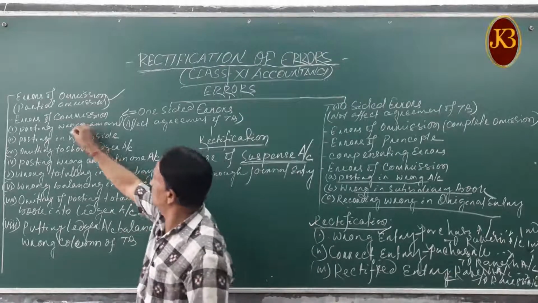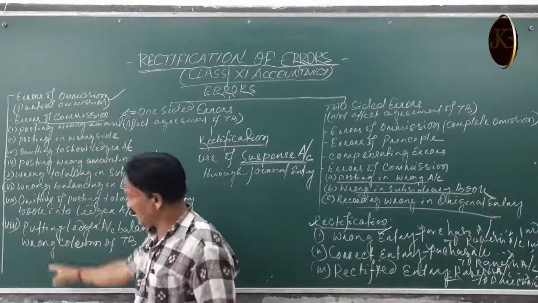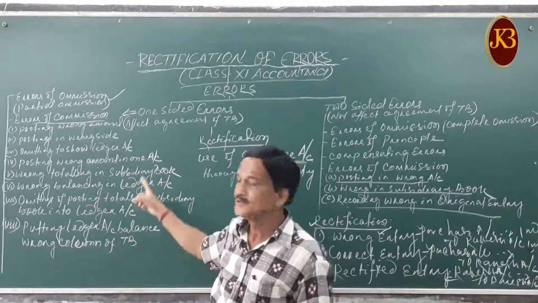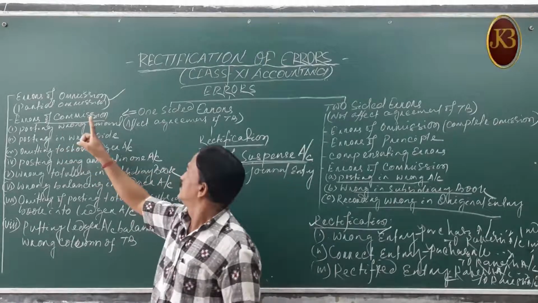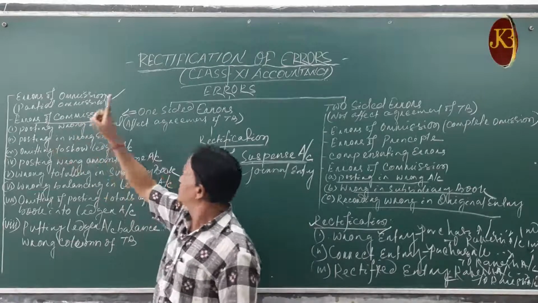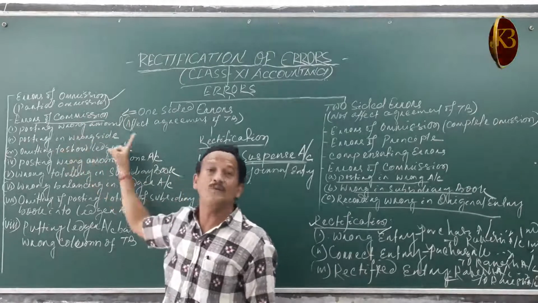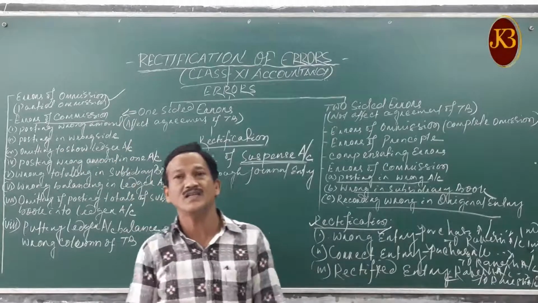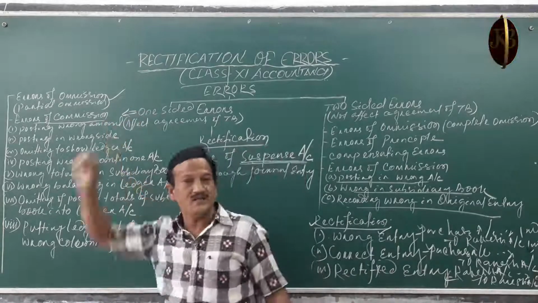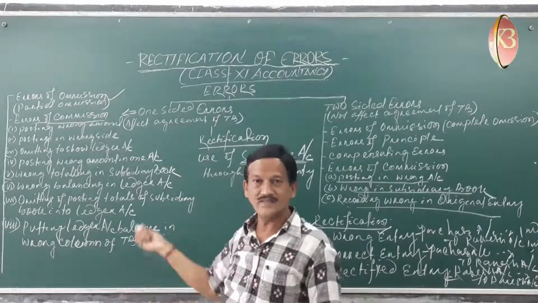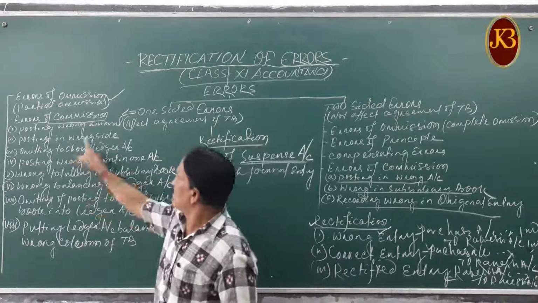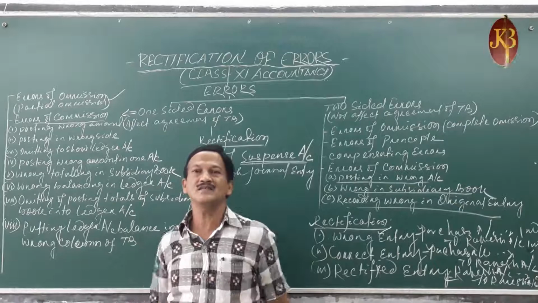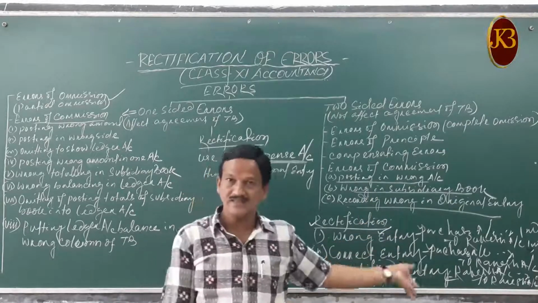Then errors of commission. This is the list of errors of commission which are called one-sided errors. First one, posting to the correct side, correct account but wrong amount. That means purchase of goods from Rakesh 1000, posted as 100. So that is a one-sided error. Posting on the wrong side: purchase of goods from Rakesh has been debited instead of credited.